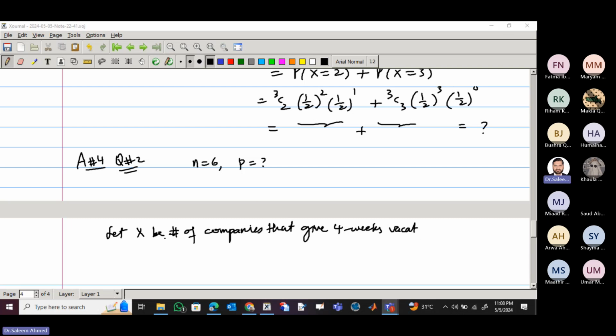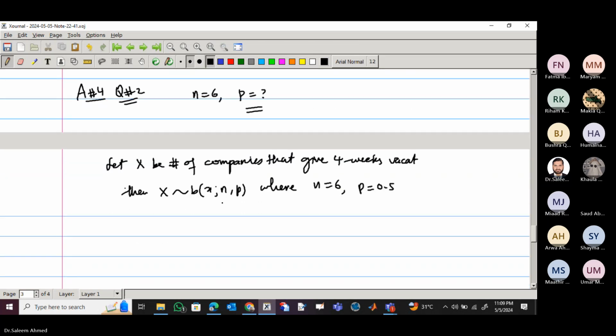Then your X is a binomial distribution with n and p, where your n is 6 and p is 0.5, because 50% of the companies give you 4 weeks of vacation. So this is step one.